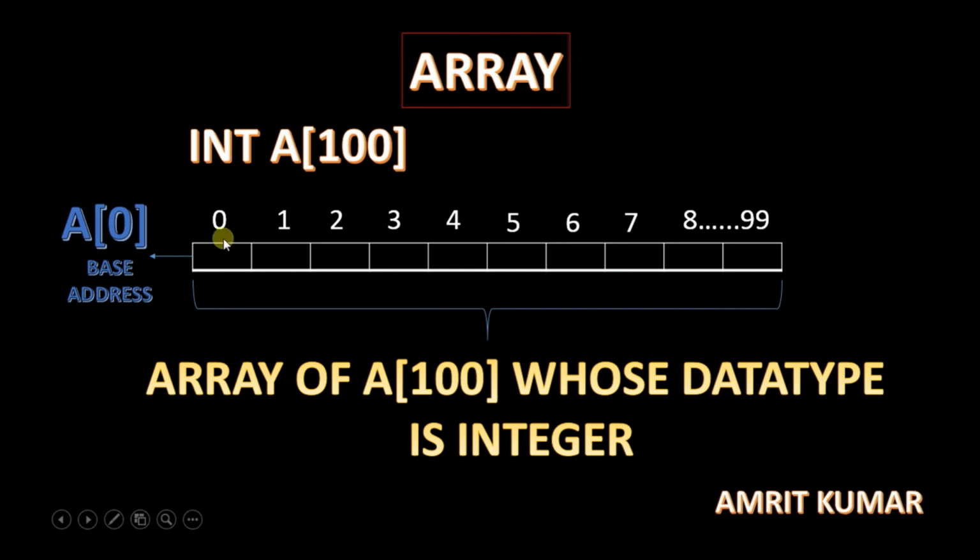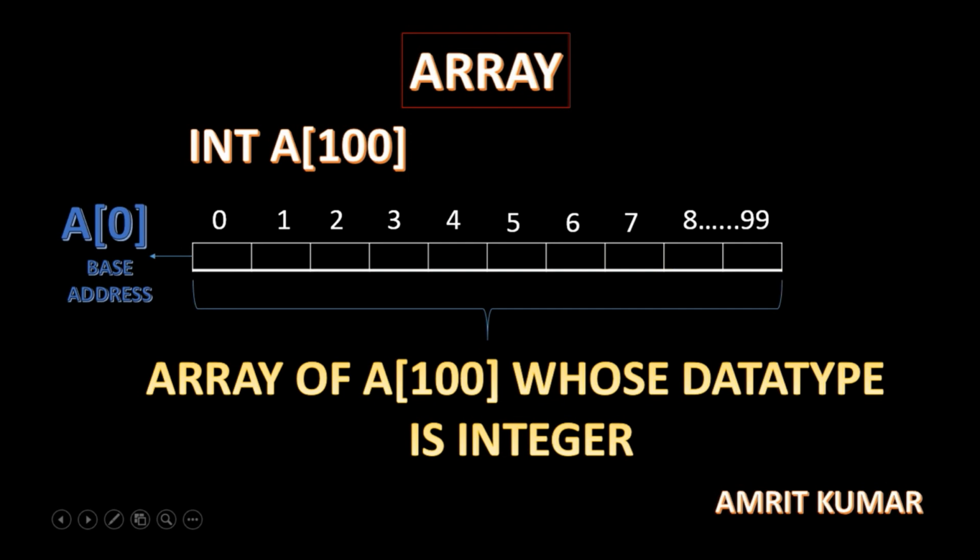Also, one more very important point is that the whole array address is stored in this base address. If you want to access any variable, any block, then you can use the base address, because through this you can access the address of any element of this array.